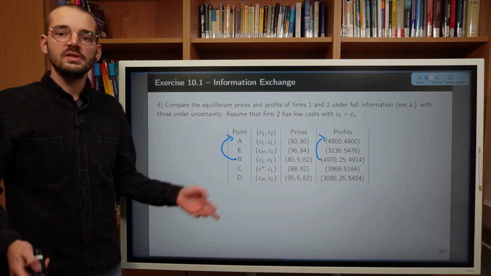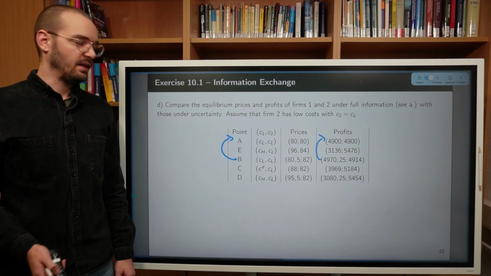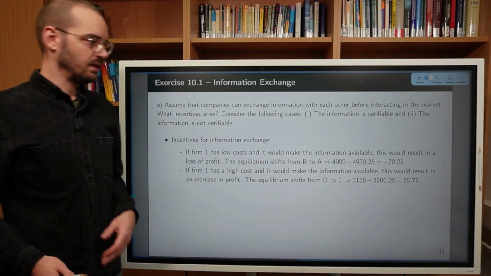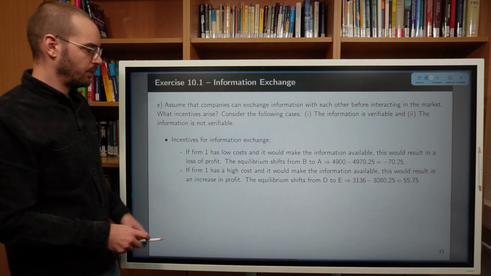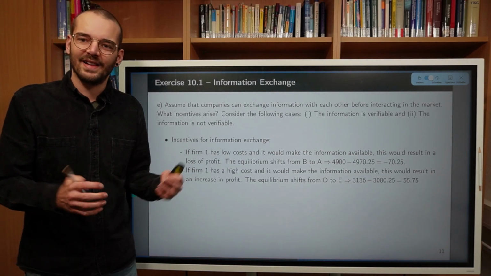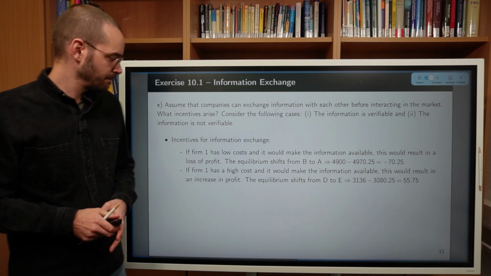So firm 1 is losing in profits if they choose to tell the truth and tell their costs. Right, so we have no incentive or a negative incentive for firm 1 to tell its true costs if it has low costs.